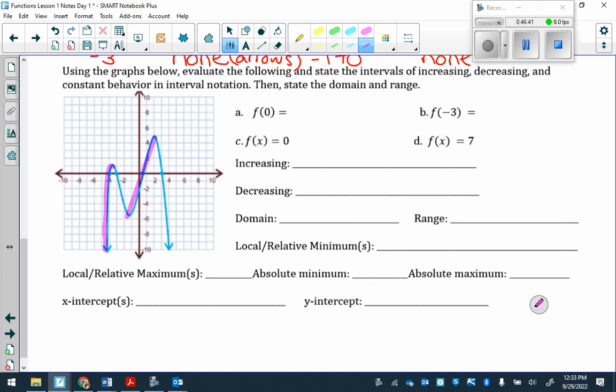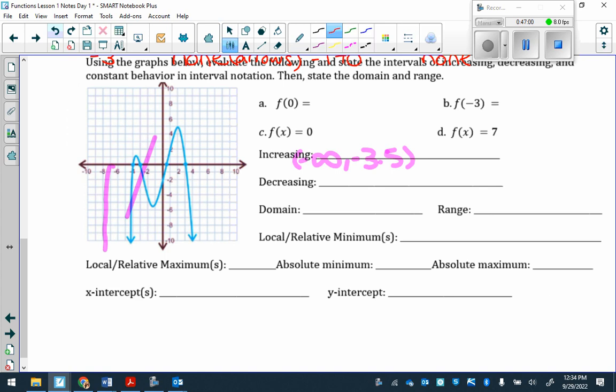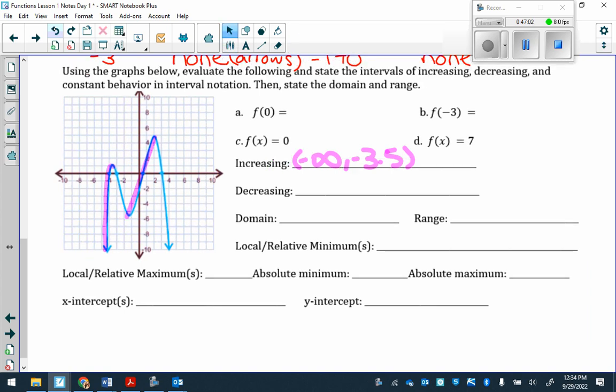So again, same ballpark. Just look at the graph a little closely, okay? So negative infinity, -3.5, union, -1.2-ish. We're good. We're okay.